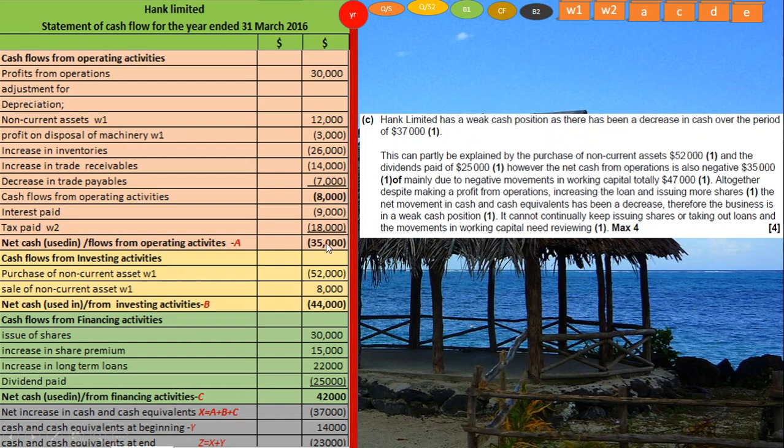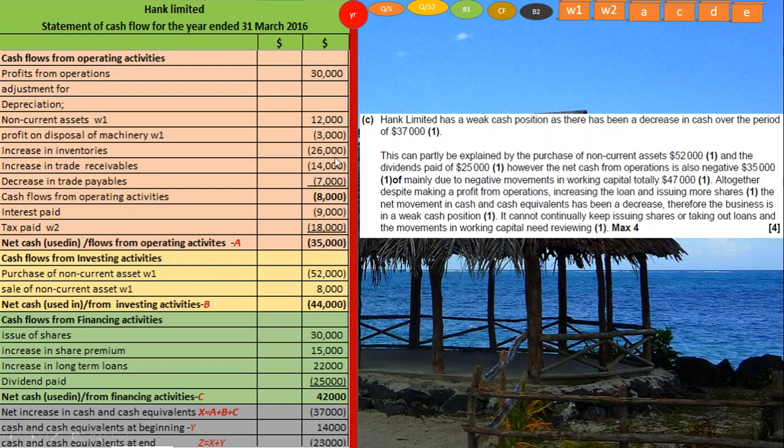Now the main reason is your movement in working capital. It means there's a problem in your working capital management, because if you look down here, see, increase 14,000. If you add this 26,000 plus 14,000, you get 40, plus 7, you get 47,000, because of these three components.